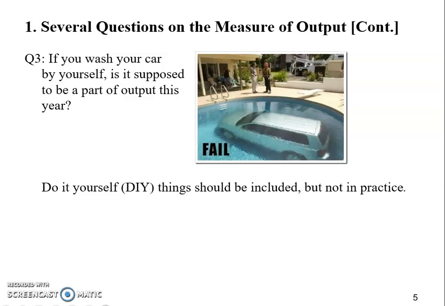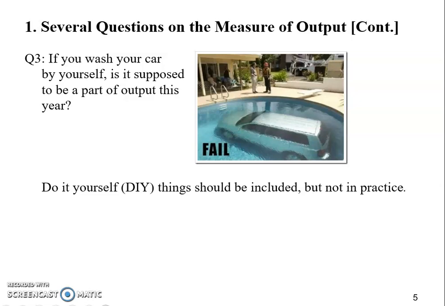We do a lot of DIY things at home, like mow the yards and fix some of the furniture, appliances, and wash cars. All of these DIY things should be included, because when we say output, we do not specify that it has to be made for others. If we just made it for ourselves, we still spend our time and energy doing that. It still should be included.